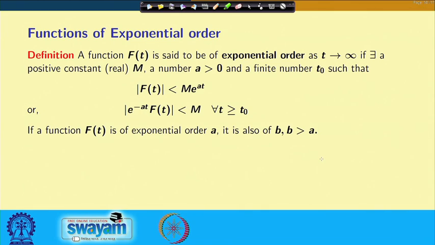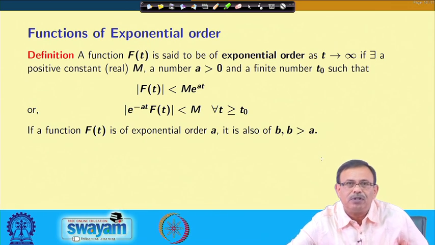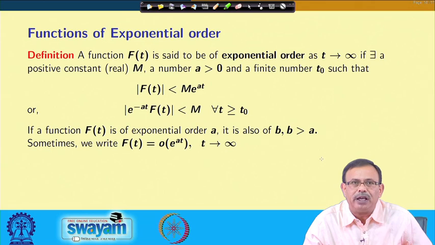Now, if a function f(t) is of exponential order a and it is also of order b, please note this one. A function f(t) is of exponential order a and also it is of order b, where b is greater than a, then we sometimes write f(t) equals order of e power a t as t approaches infinity.